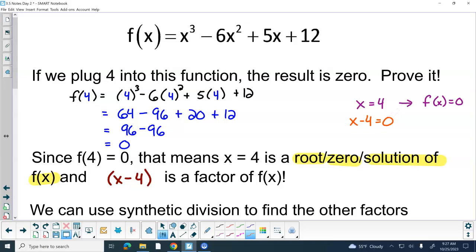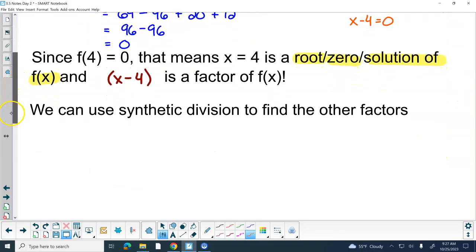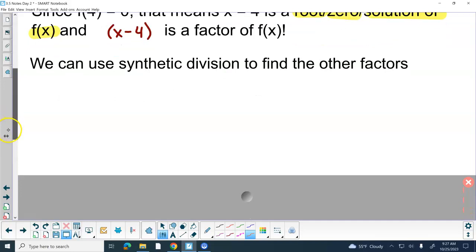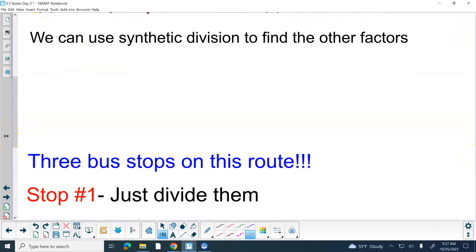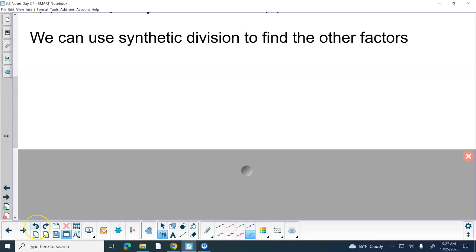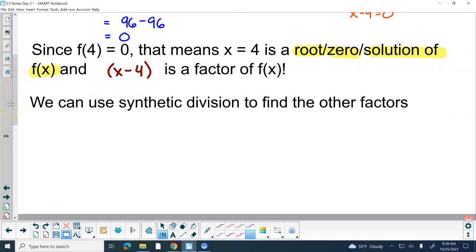So then, because we know that, and this is a special linear factor, we can use synthetic division to find the other factors. Now, do I put the bus stops there? Oh, I put the bus stops there. All right. So, x minus 4.